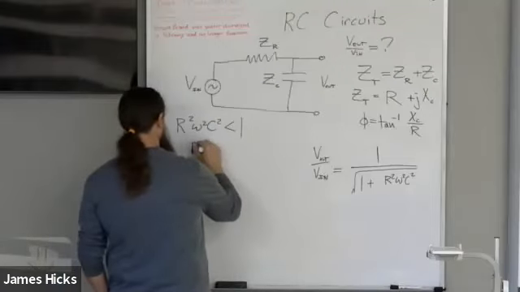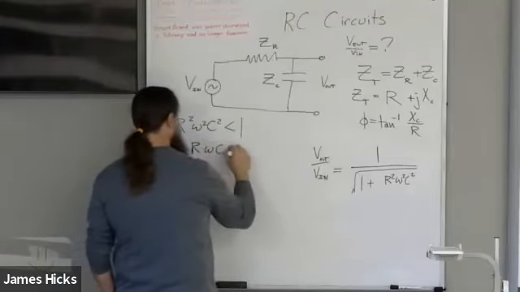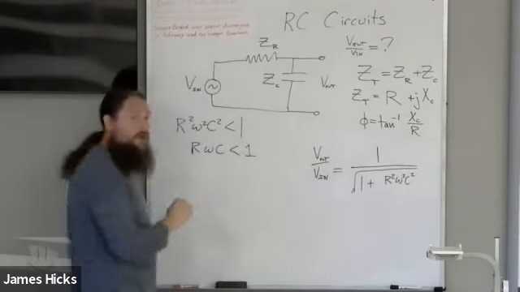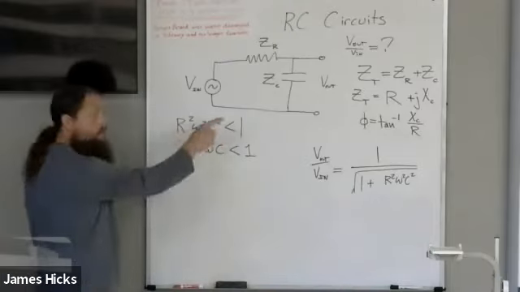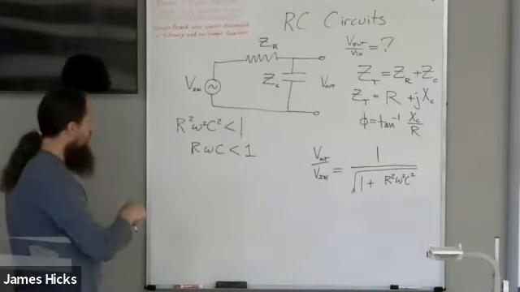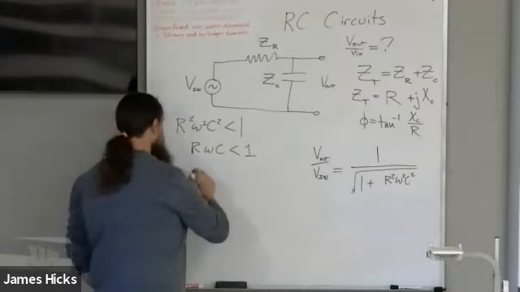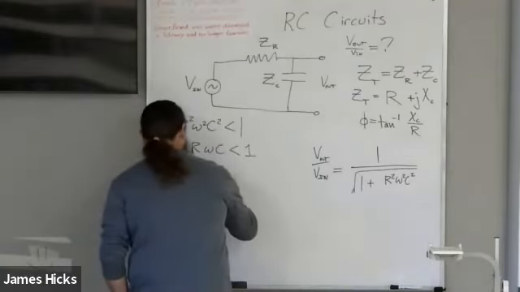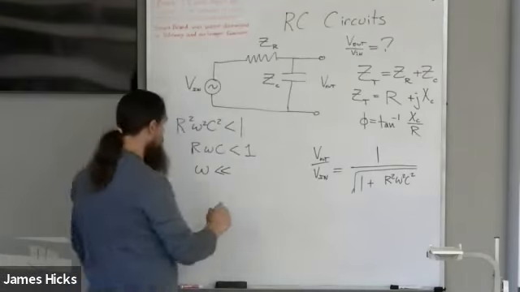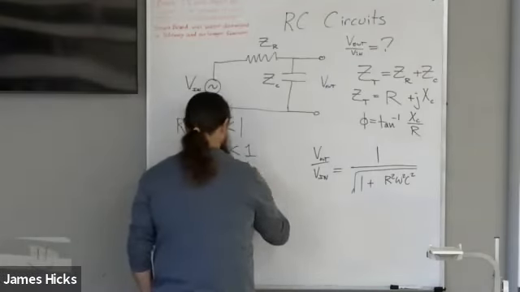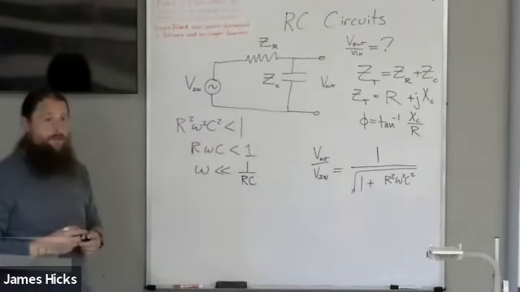So R omega C, I want that to be a lot smaller than 1. So take the square root of both sides. And what that tells me is that omega has to be much smaller than 1 over RC.